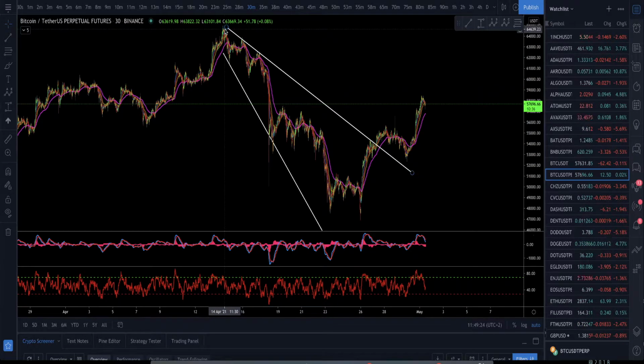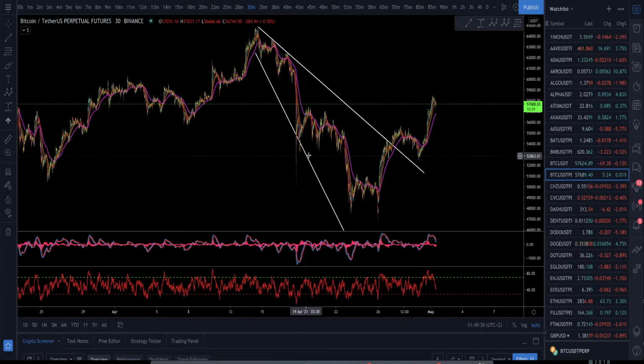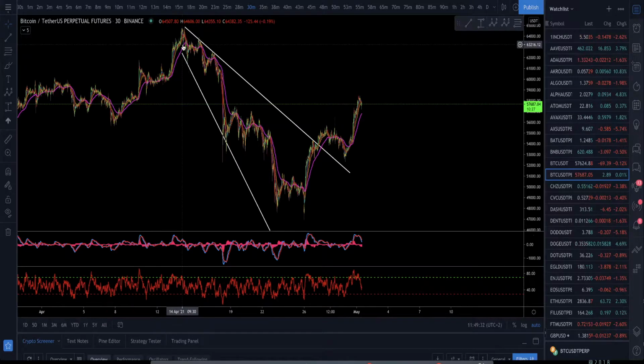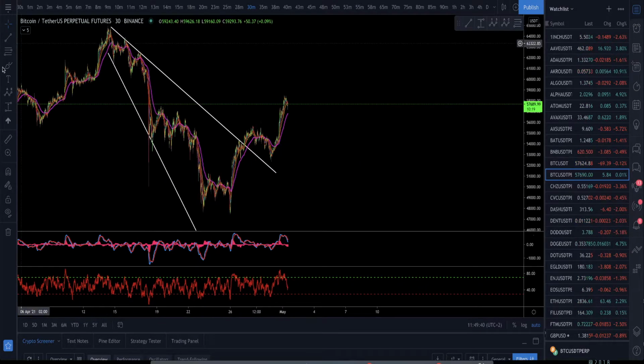So yeah, it comes all the way down, right? This was a big dump, reversed, it is a big wick. But you see, when you draw this reversed pattern, it is always going to reverse in this region, right? Always.